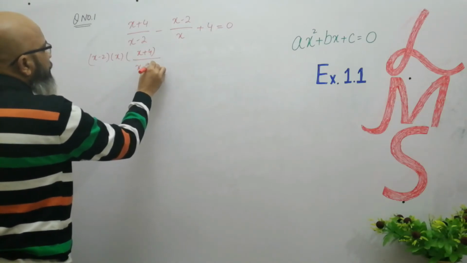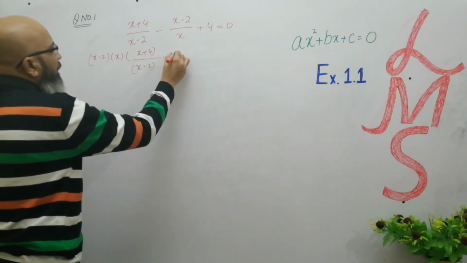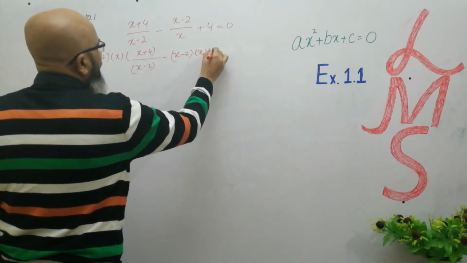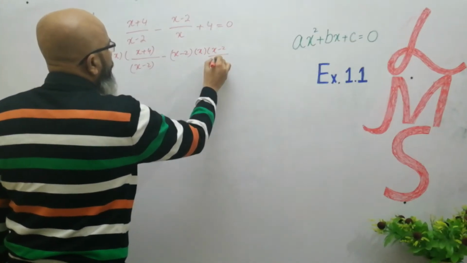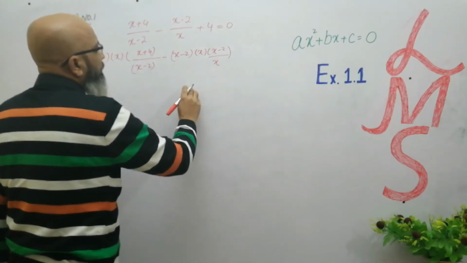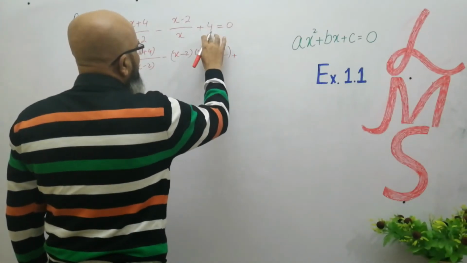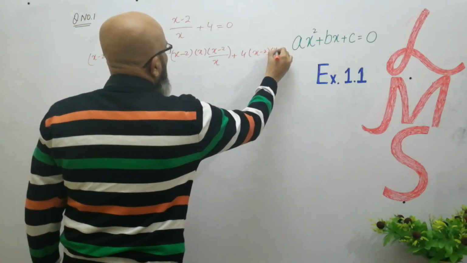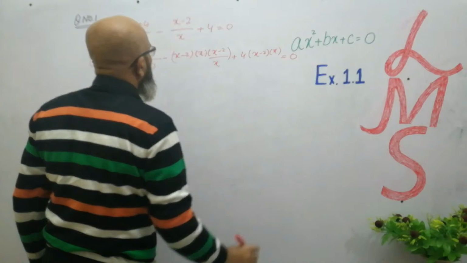over x minus 2. Here I will multiply x minus 2 into x minus 2 over x, and again I will multiply 4 with x minus 2 and x, and that is equal to 0.